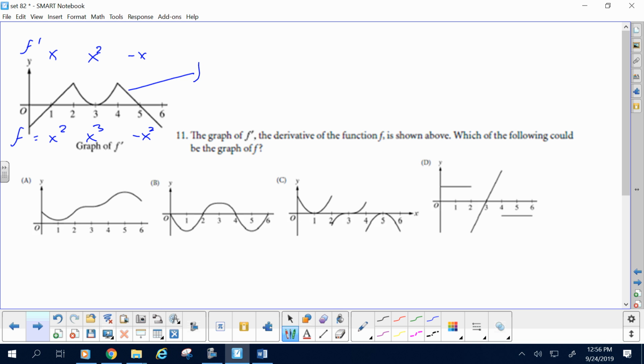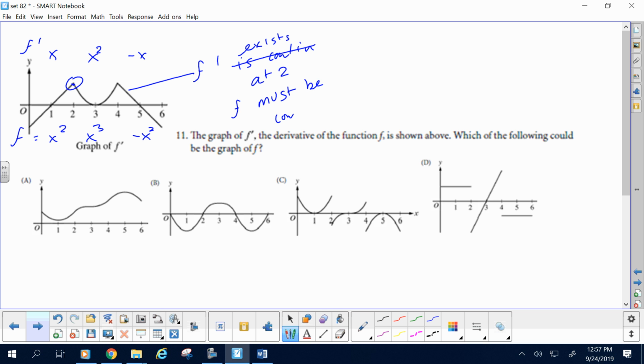The derivative exists at 2. Doesn't the derivative exist at 2? There's a point there. And the derivative can't exist at 2 if F is not continuous.